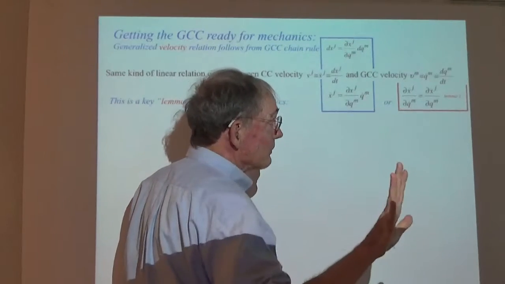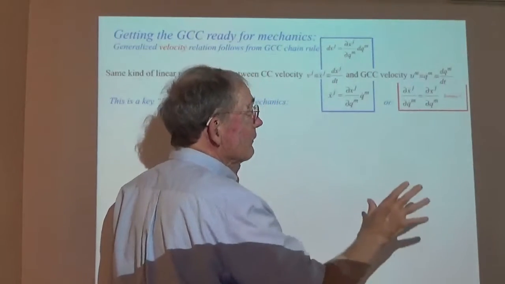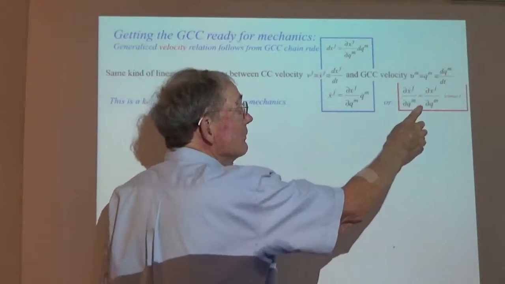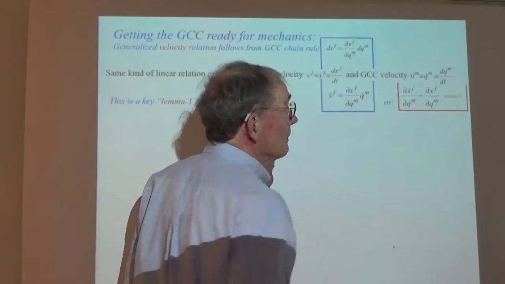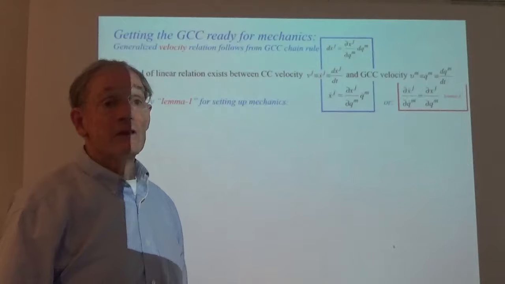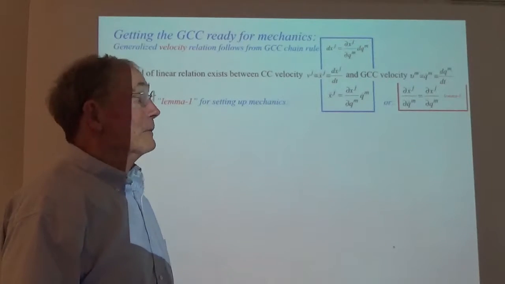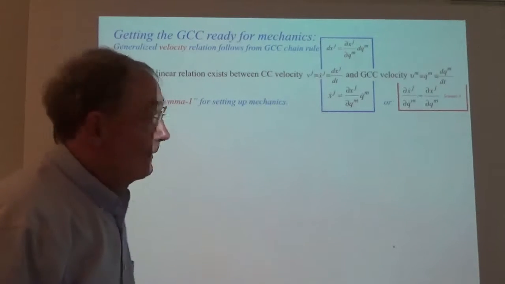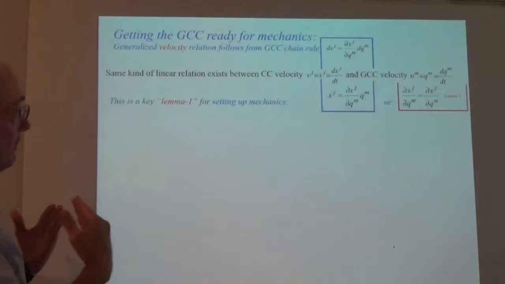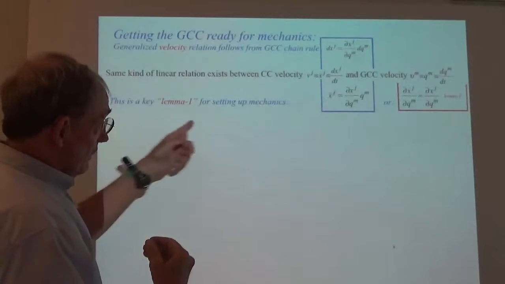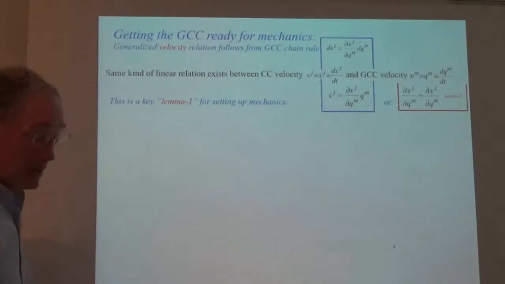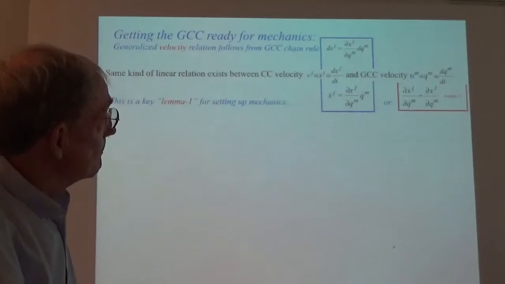And this doesn't work when you're doing relativity, but it works for most of the mechanics that we do at low speeds. That's the same as the Jacobian you have for the coordinates. Okay, that's lemma 1. And I want to make sure that you see the why of each of these lemmas that we're setting up mechanics with.